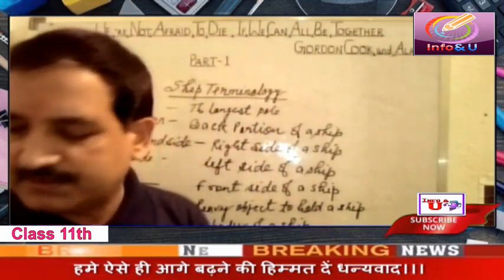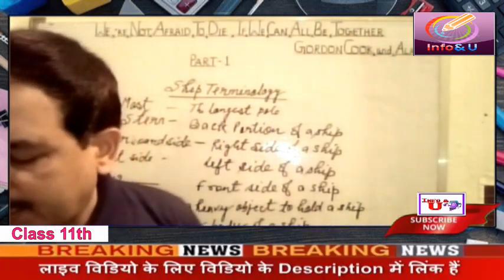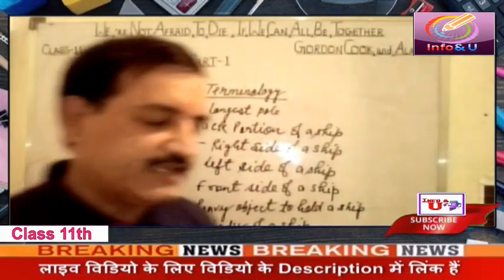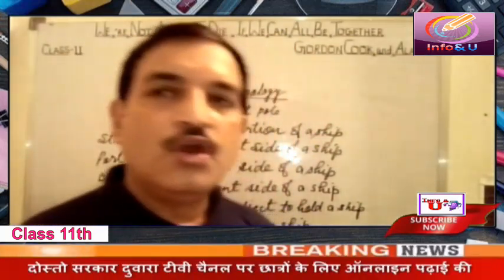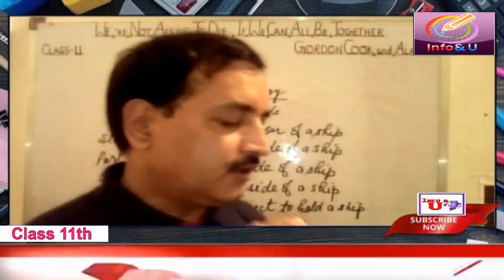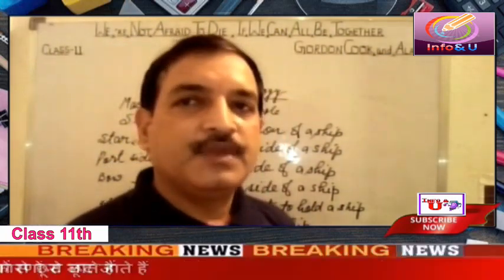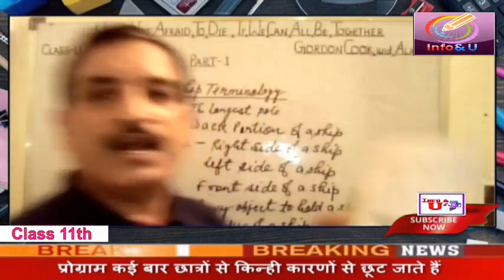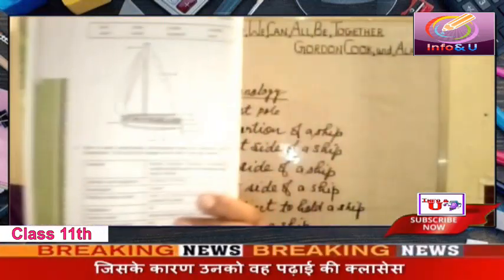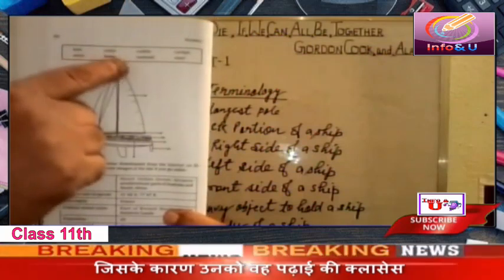There are some other words which you must know. I have a book, and in the book there is an exercise where you have to mark the names of the particular portions of the ship. Here it is indicated by arrow marks. I show you, if you can see. Here you see this front side.